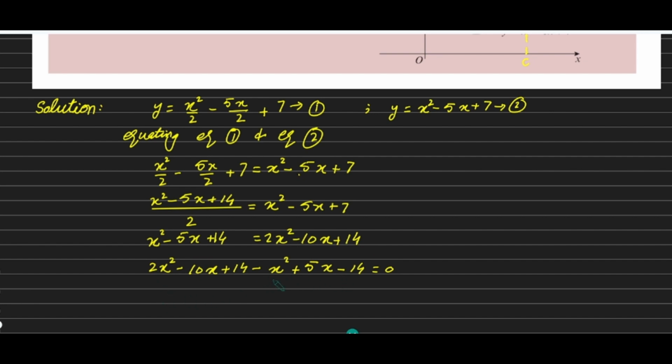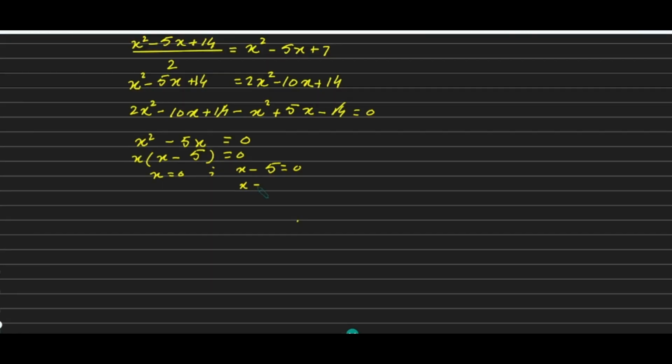Now 2x squared minus x squared gives x squared, and minus 10x plus 5x gives minus 5x, and plus 14 minus 14 cancels. We get the common factor x, so x times (x minus 5). Now x is 0 and the second one, x minus 5 equals 0, so x will be 5. So we have found the points of intersection and the limits.